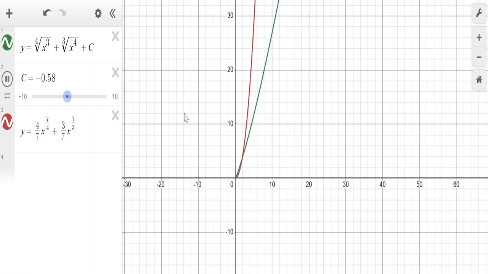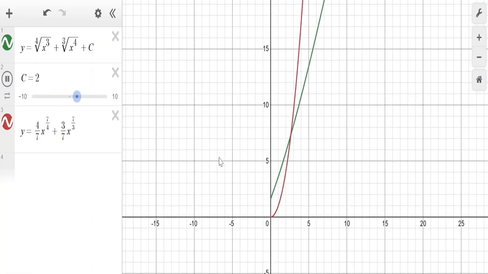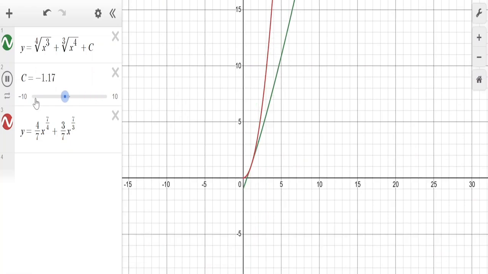This is how the graph looks like. We simply put our answer as well as the original problem, and apply a constant. It can be any constant. This is just set to 10.